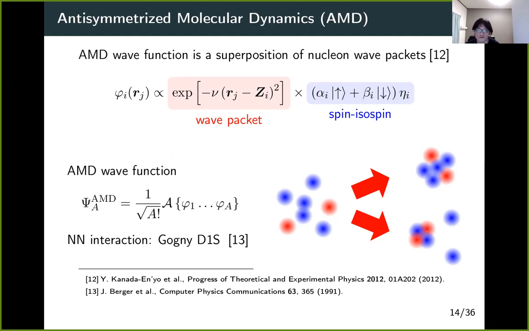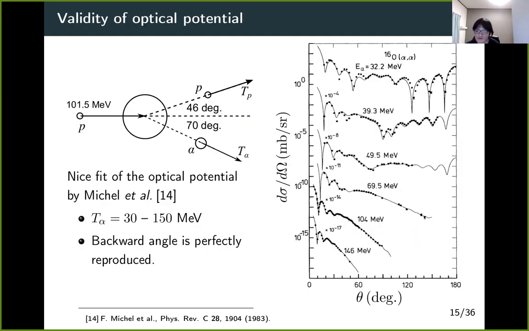And as I mentioned, one important ingredient for this reaction calculation is the potential fit by Michel et al. This is oxygen-16 alpha elastic scattering data from 30 MeV to 150 MeV.